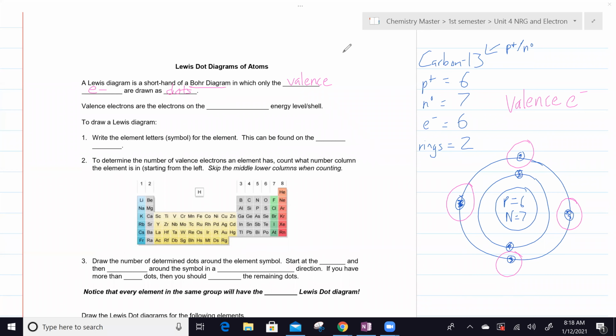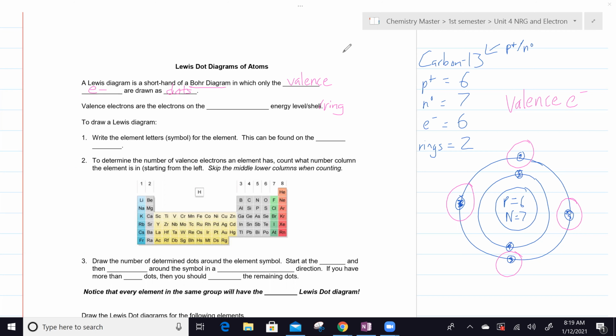Now, valence electrons are the electrons on which energy level or shell or ring? Valence electrons are on which ring? Yes, the outermost.